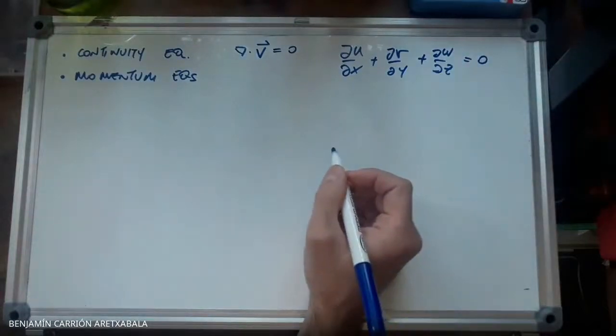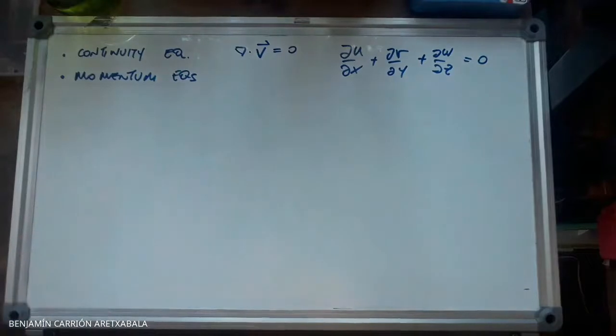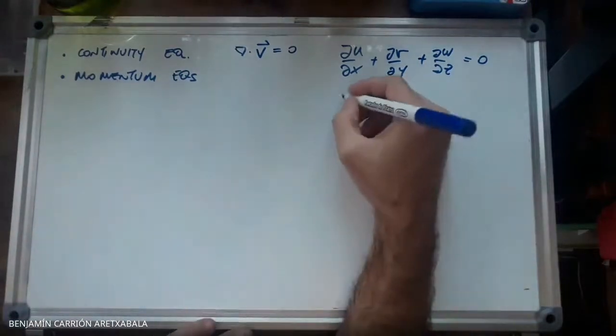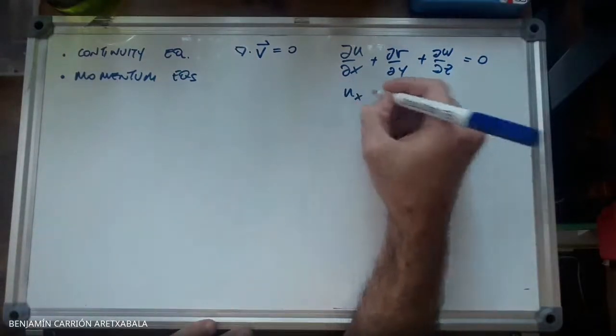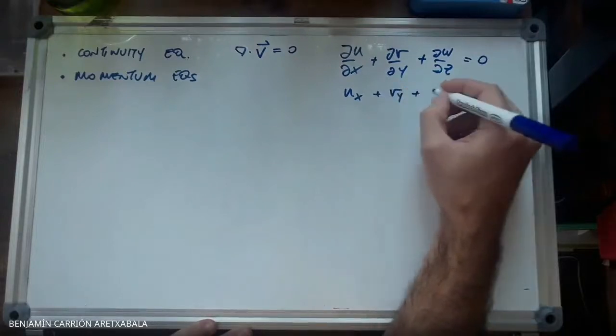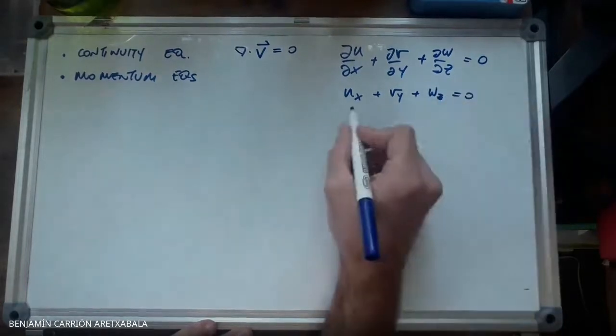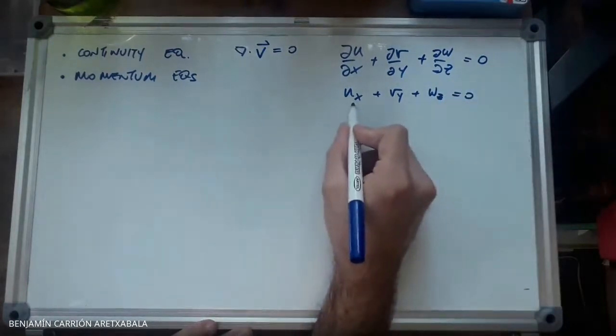Since we're going to get into many partial derivatives, are you familiar with this notation? If you put u sub x, v sub y, w sub z, do you recognize that this is a partial derivative? Have you seen this before?